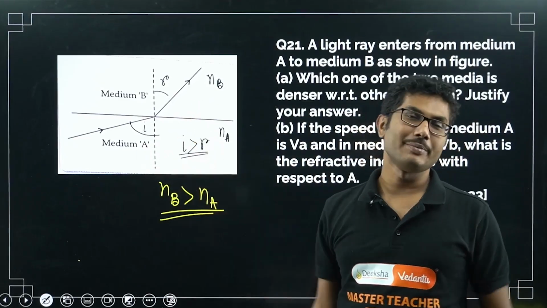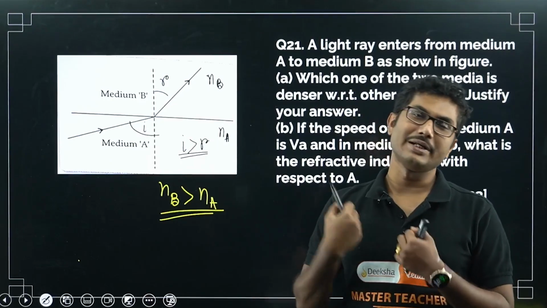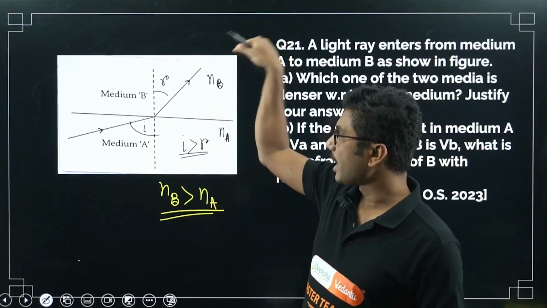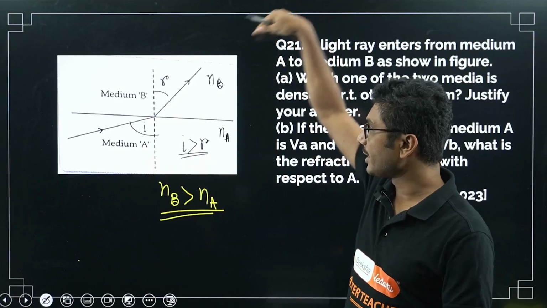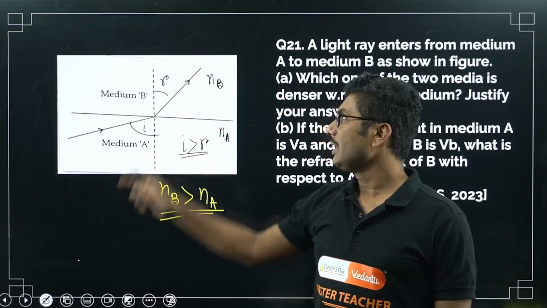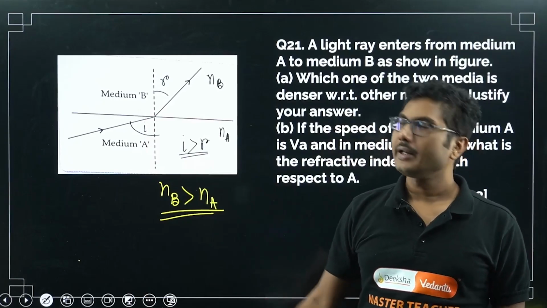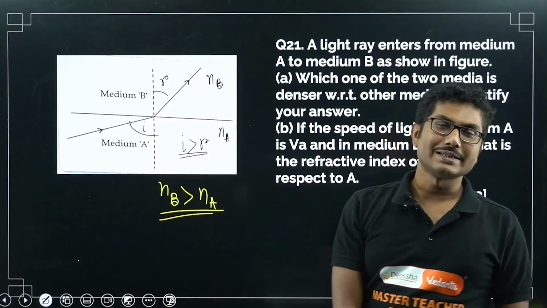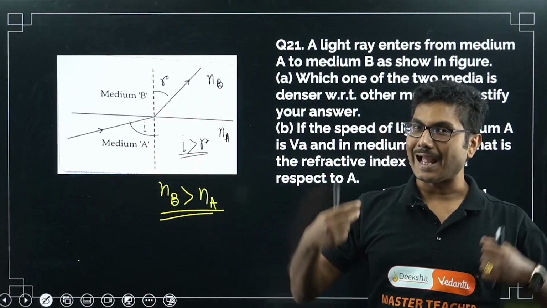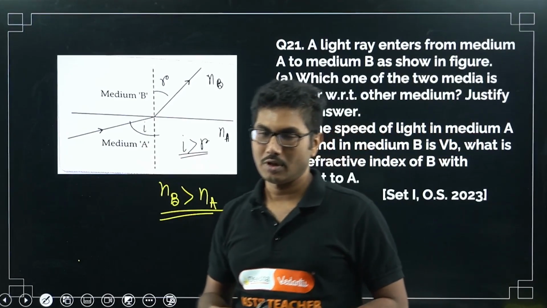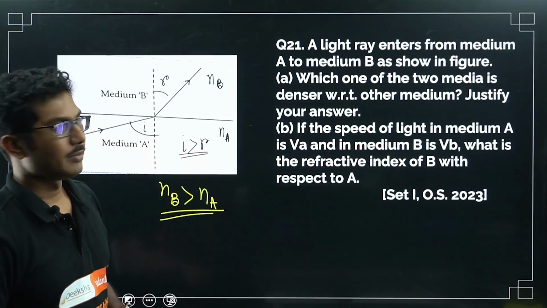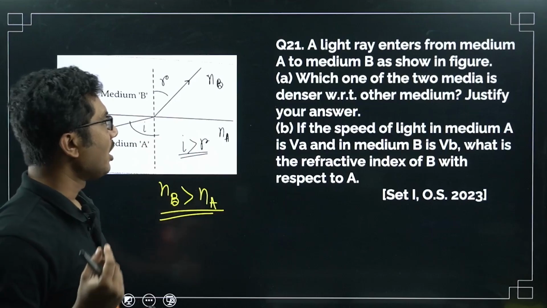The angle in a denser medium will be less, be it incident angle or refracted angle. If the ray of light is going in this direction, the incident angle will be less compared to the refracted angle. So optically denser media will always have a smaller angle in that medium compared to an optically rarer medium. You have to remember this short form.